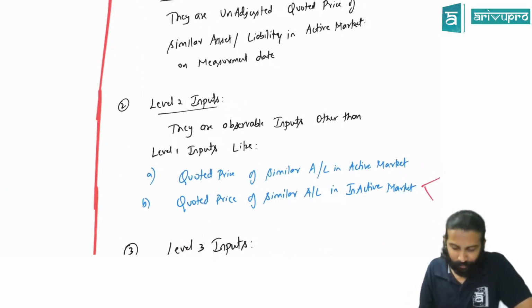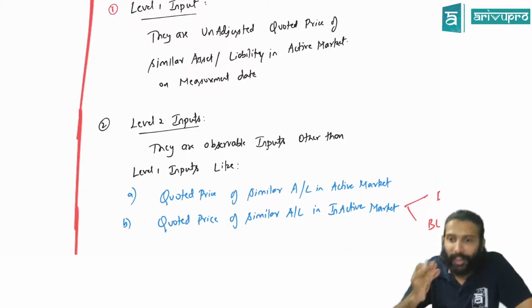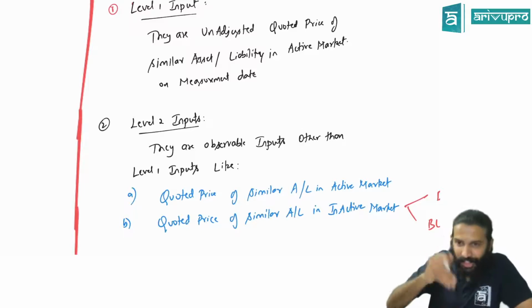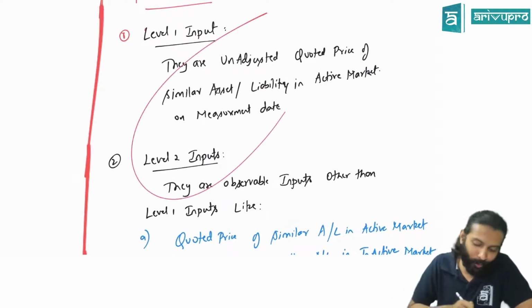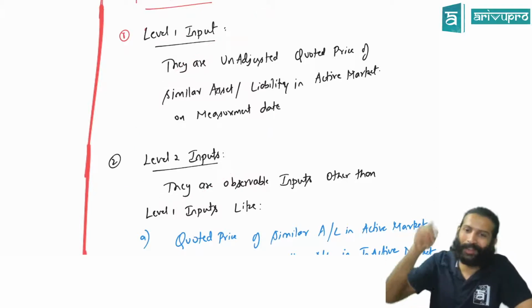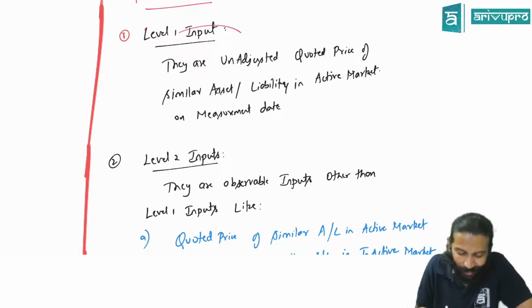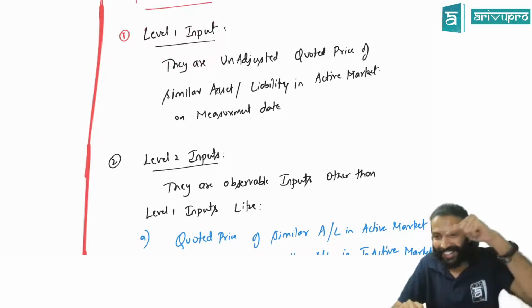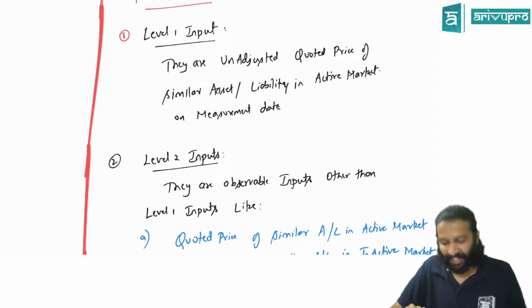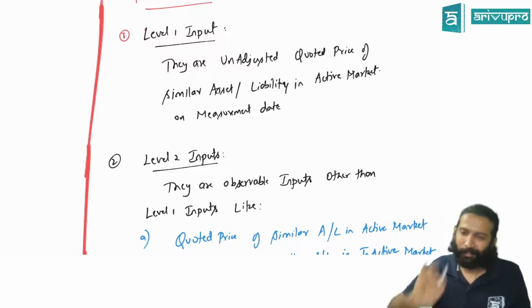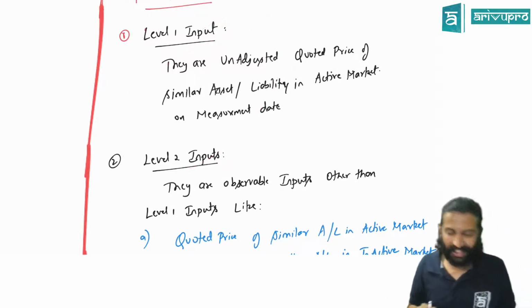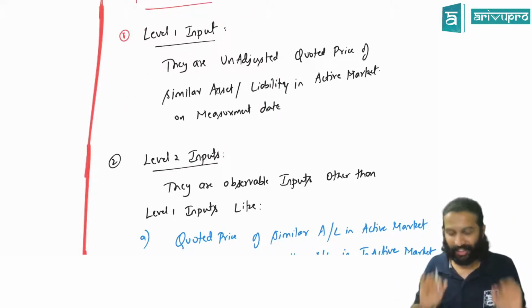In IND AS 109 itself they may give you a staff loan and say the difference is due to level 1 input. If you do it like the way we have done, full marks. Because if it is level 1 input, you have to transfer the difference to P&L right away. So it has an importance. But back then it was not the time to discuss that because we didn't know what level 1 and all was. So now I think it's okay.